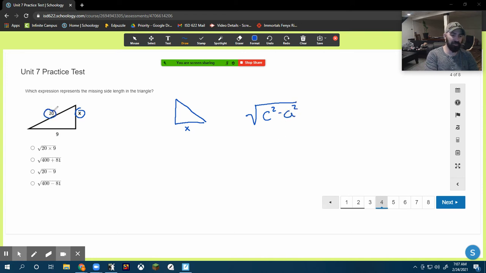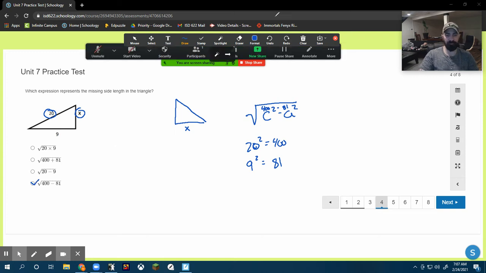Well, C is 20. 20 squared equals 400. 9 squared, which is A, is 81. So we want to do 400 minus 81. We should have the square root of 400 minus 81.